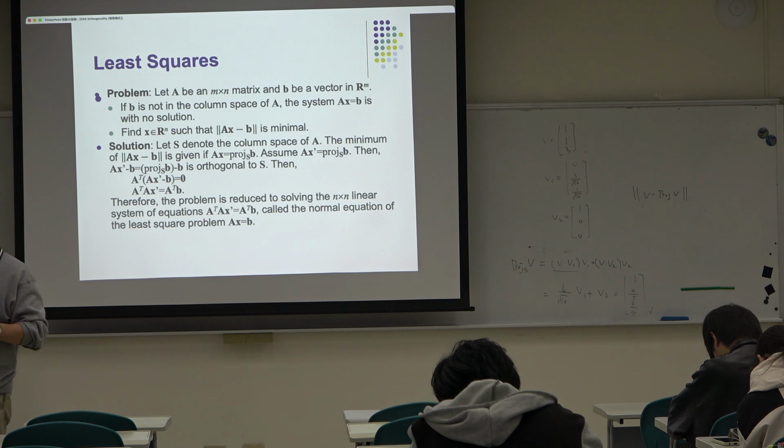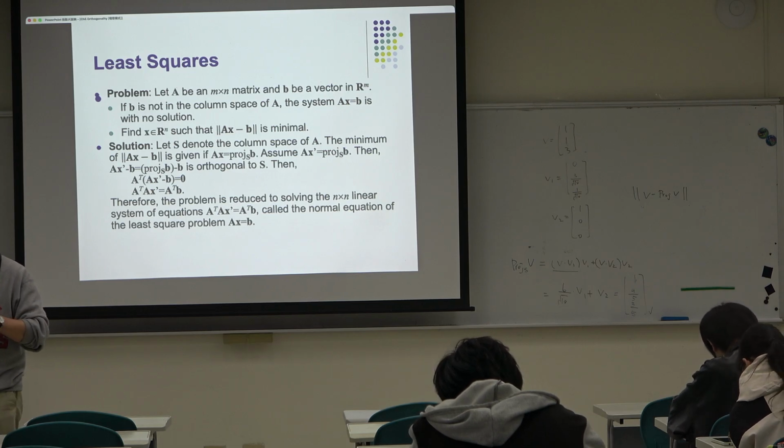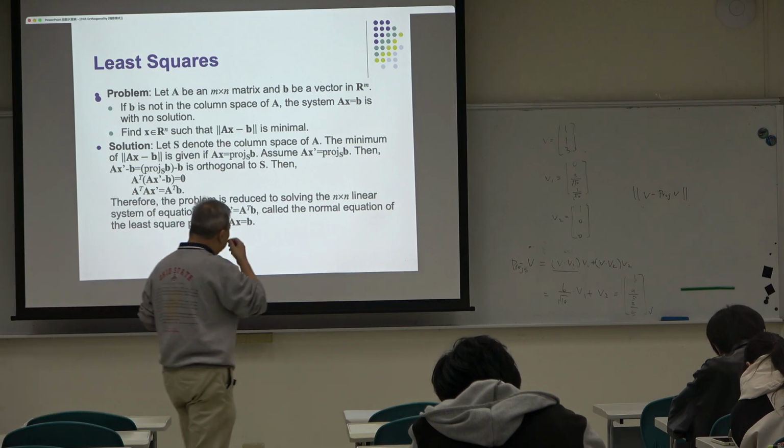So he used this method. Okay, this is the method Gauss used to derive the trajectory of that star, which made him famous. So this is a very interesting story.